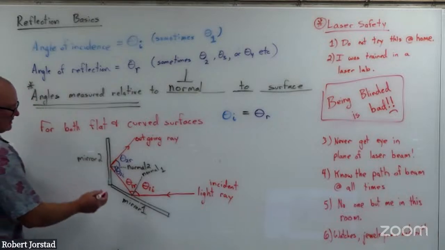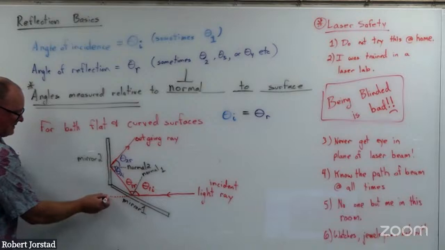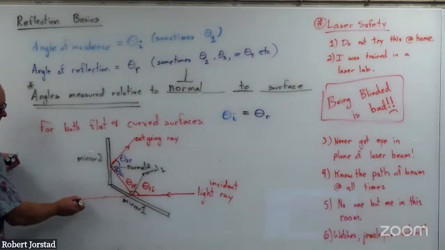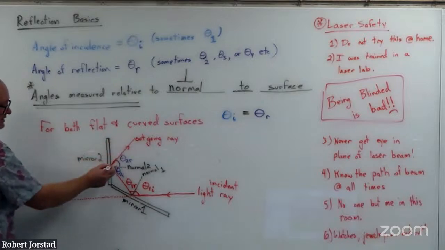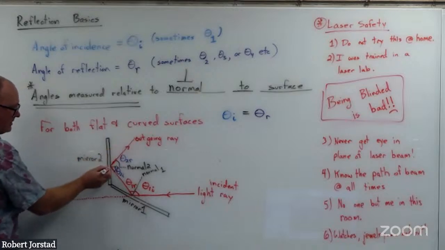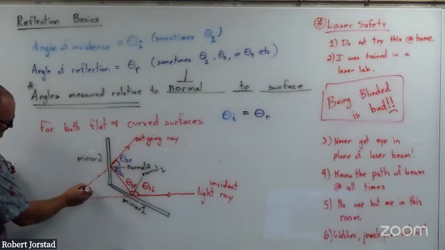Furthermore, we can actually extend some of these rays. Like, for example, this is the incident light ray, the incoming ray. And I'm going to what's called back extend this reflection. This ray is going out this way, but I'm going to back extend it best I can.